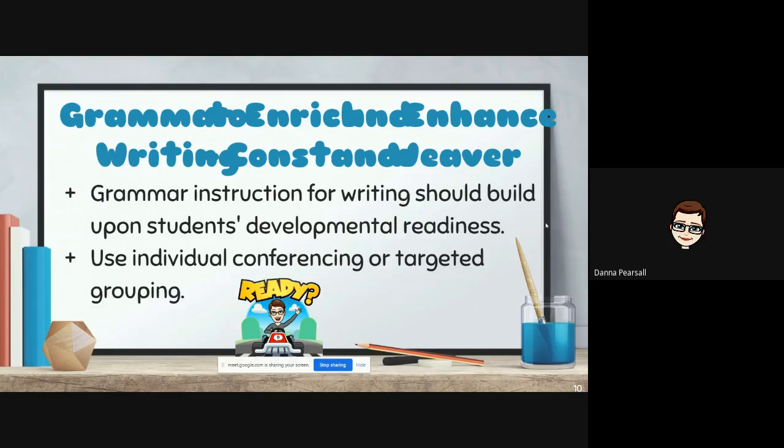If another student gets it after a couple of conferences, you can let that go and move on. So I just can't emphasize enough how important it is for grammar and vocabulary really to target the individual student's needs.